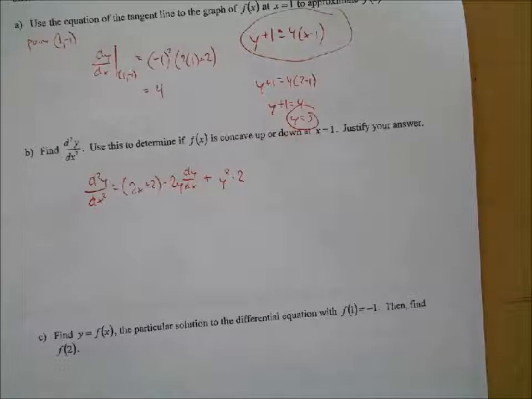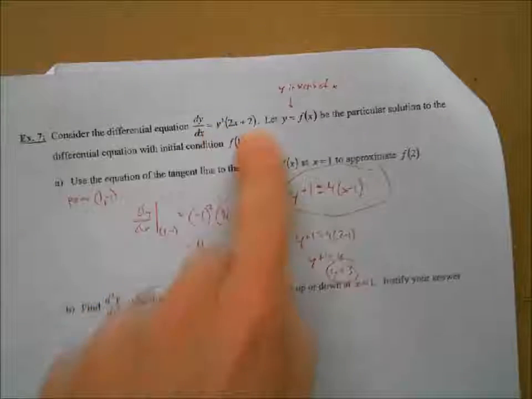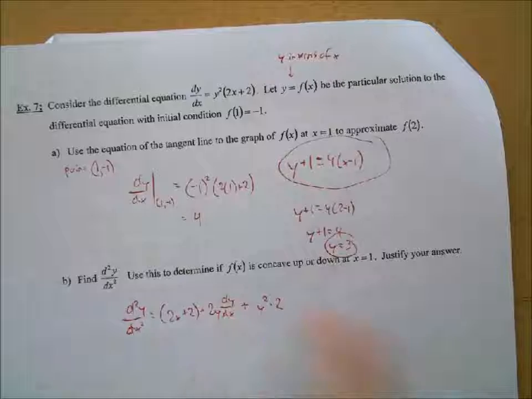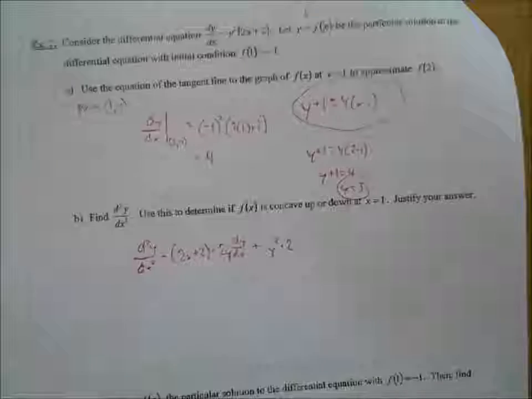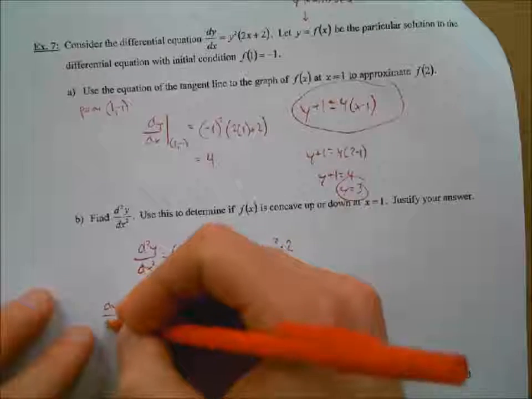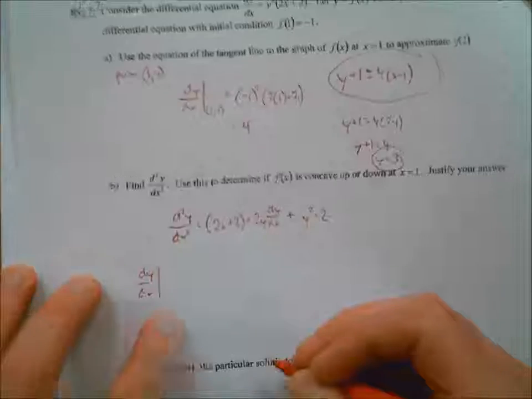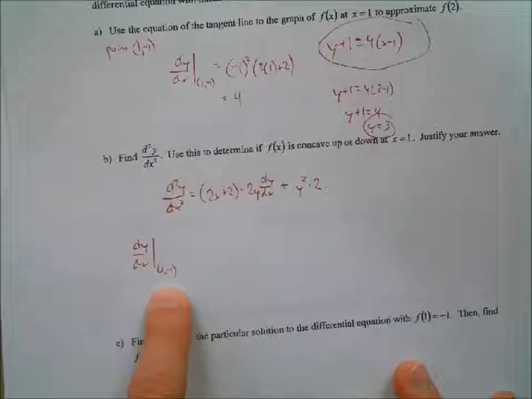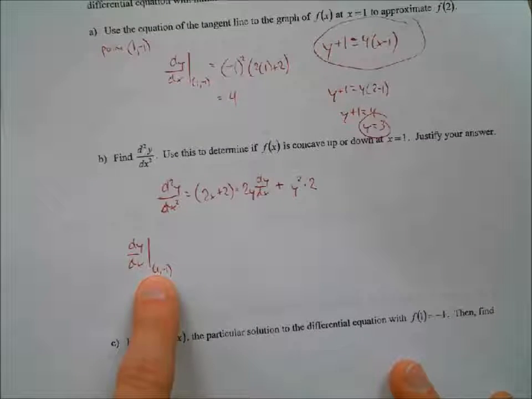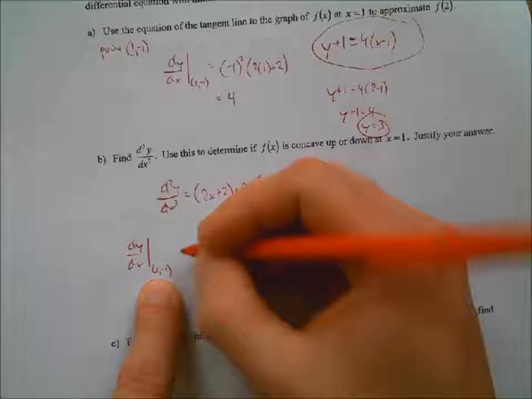So we have some options. You can do what we just said, plug this in for the dy/dx, and then plug in your values. However, we could evaluate dy/dx at (1, -1), which we just did. What is the first derivative evaluated at (1, -1)? 4.